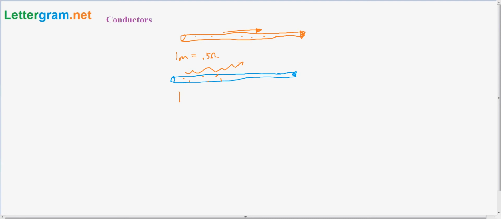And for like 1 meter, again, I don't know, I'm not using a specific material here, it might be 100 ohms of resistance. So this would be an insulator. This would be a conductor.